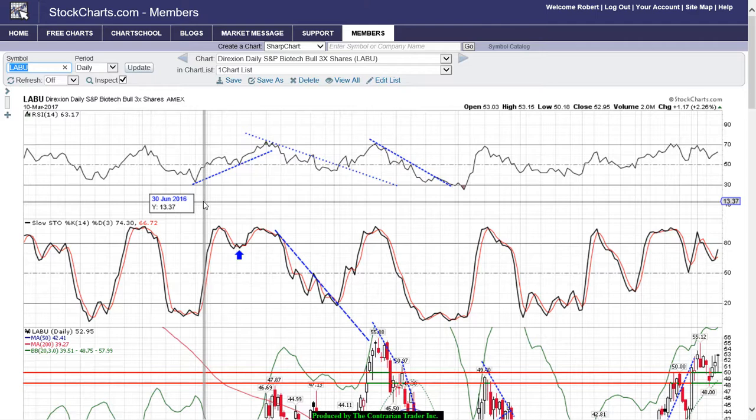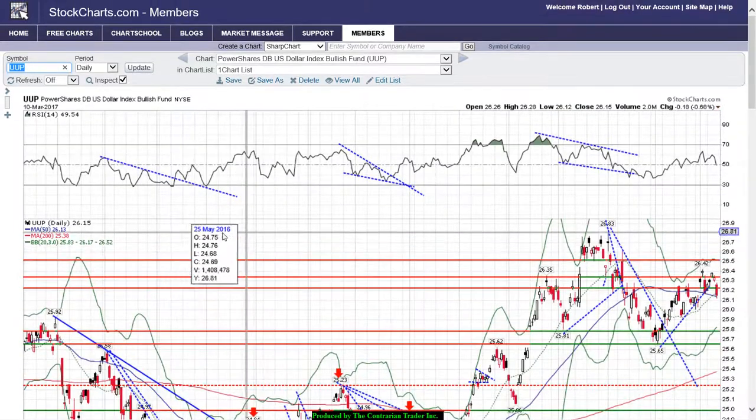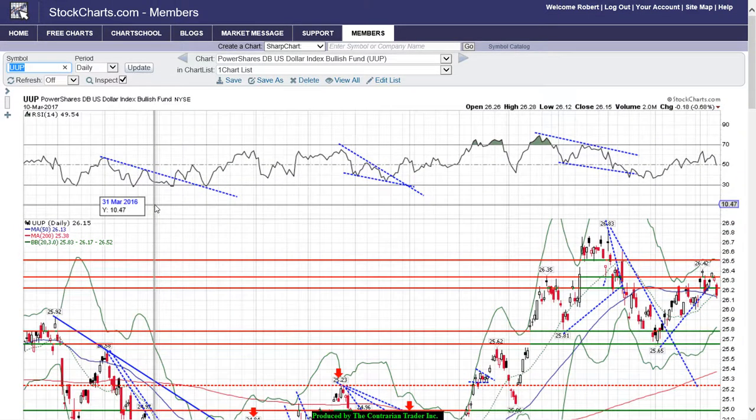So let's kick things off with the gold trade, and to really do a deep dive into the gold trade and the gold mining trade, you must understand where the US dollar is going, because the price of the US dollar dictates inversely the price action for gold and the gold mining names.